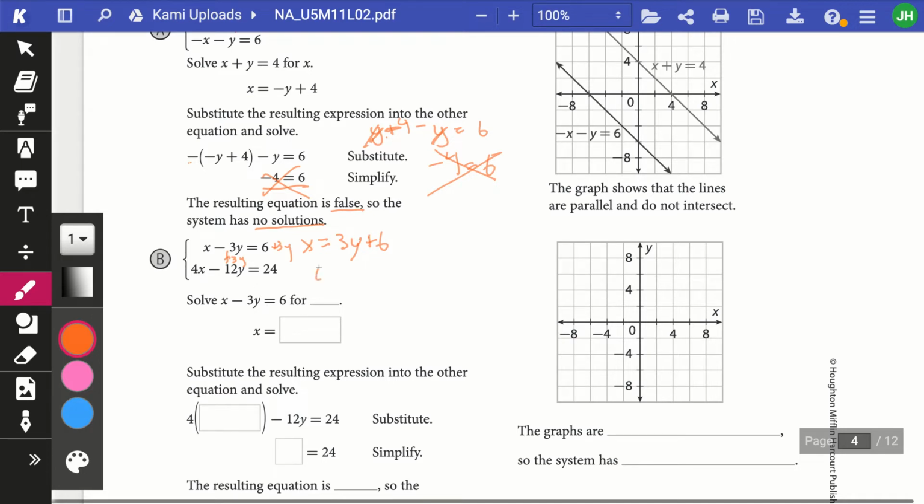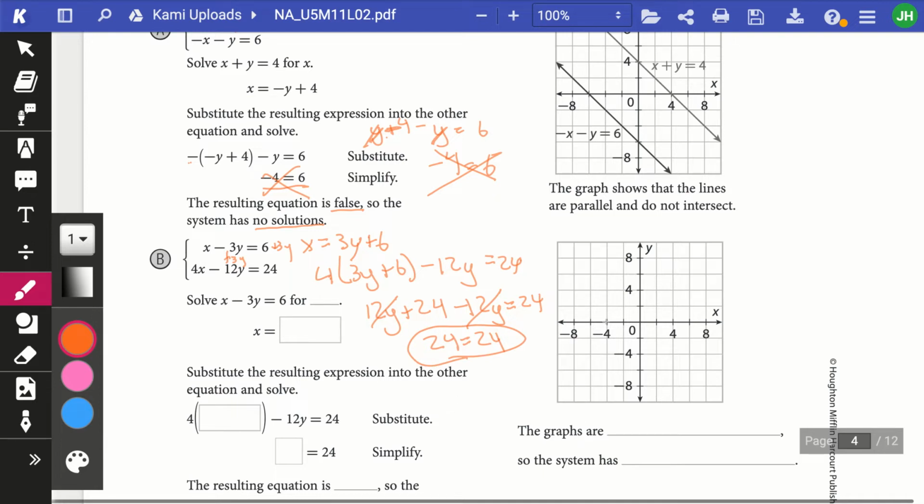So 4 times 3y plus 6 minus 12y equals 24. 4 times 3y, that's 12y plus 24 minus 12y equals 24. 12y minus 12y, you end up with 24 equals 24. 24 will always equal 24.